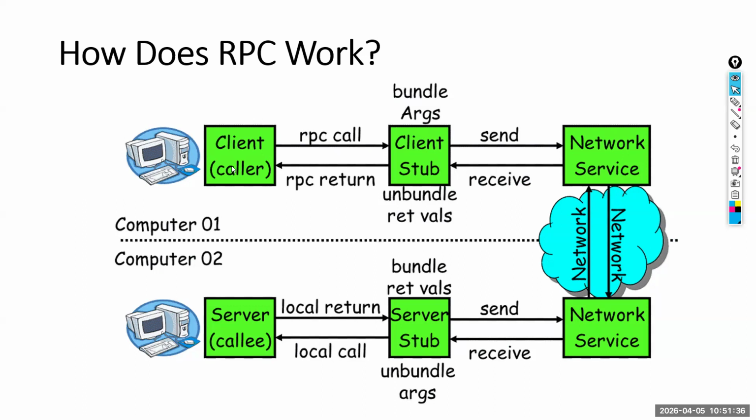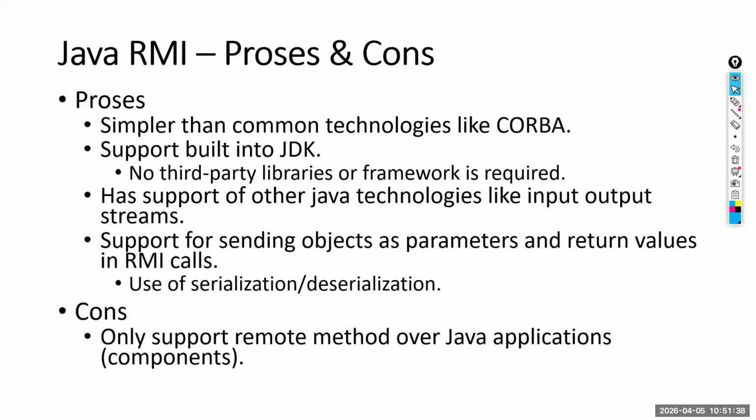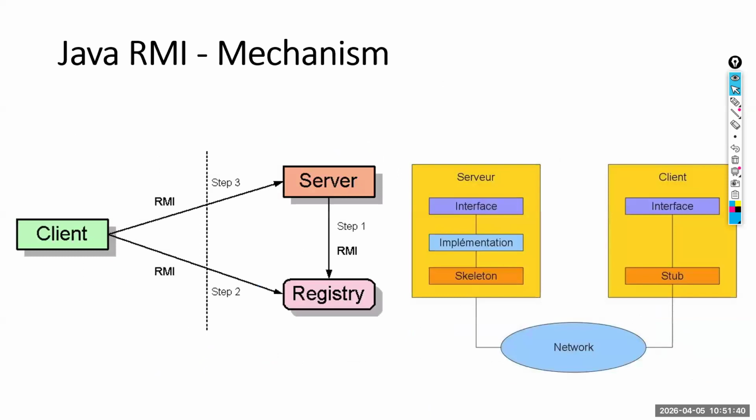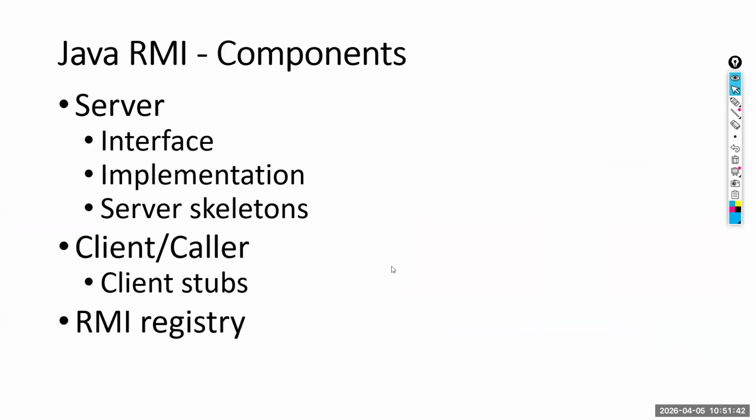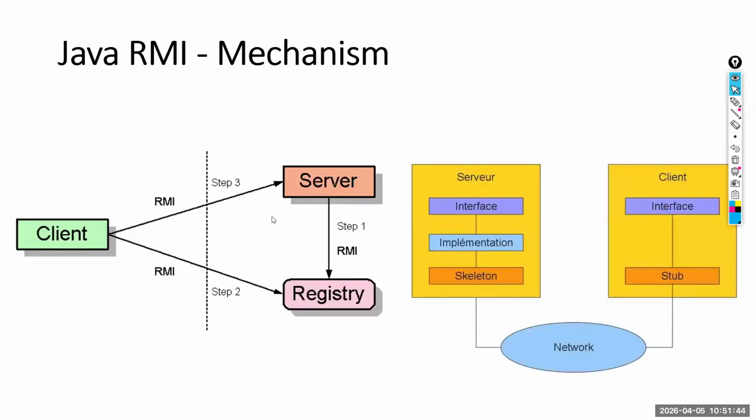So on the client side, we call it stub. On the server side, we call it skeleton. But in some cases, some people call both stub.